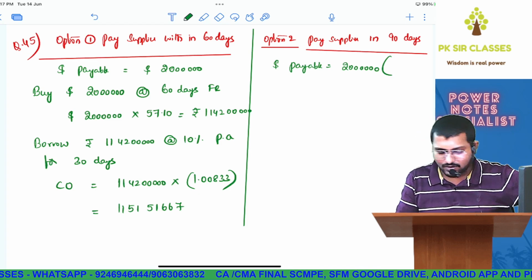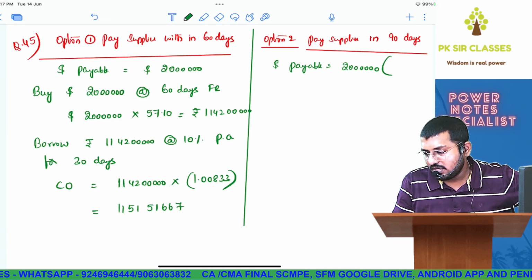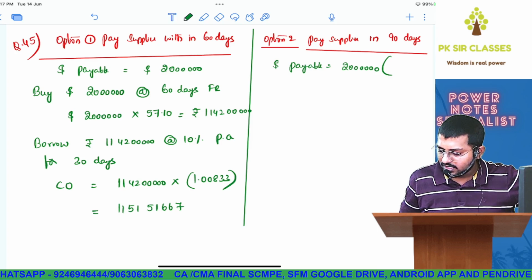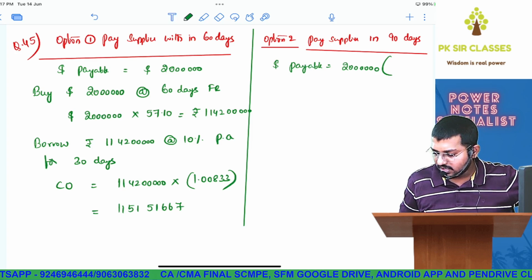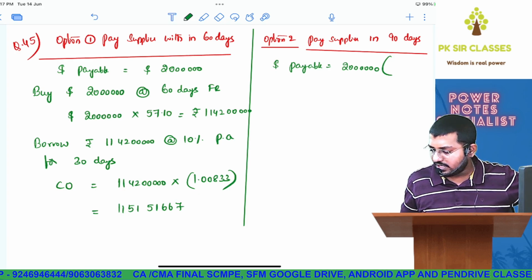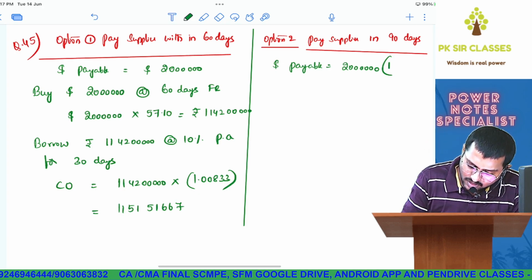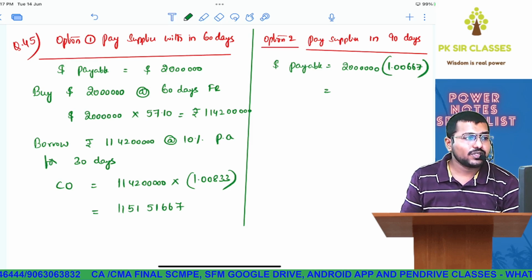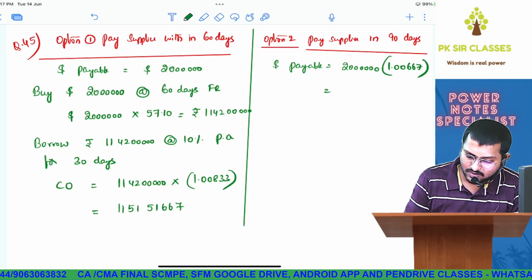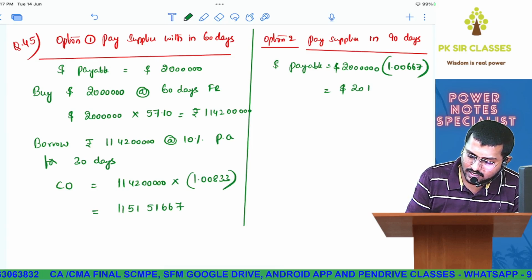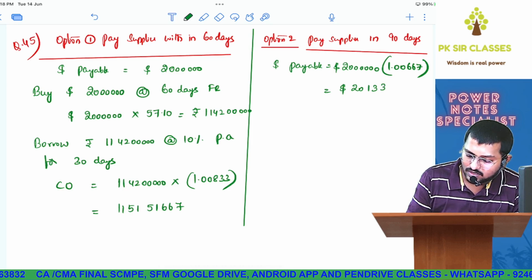How much is the interest I have to pay to this party? He said 8%. 8% means for 1 month only we have to pay, correct? 8 divided by 12 months gives 0.667, divided by 100, 0.00667, which means 1.00667, correct? How many dollars does it come to? 20 lakh 13,333.